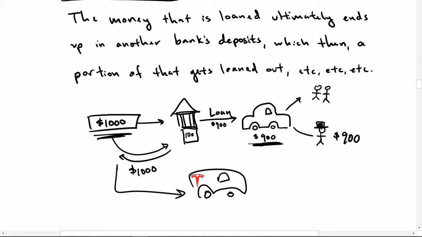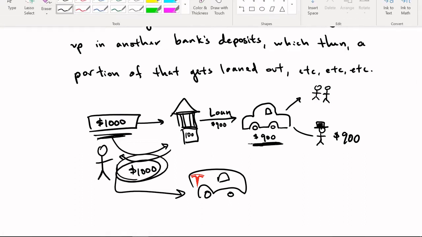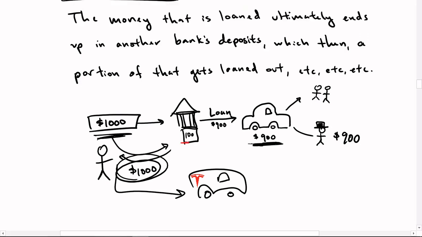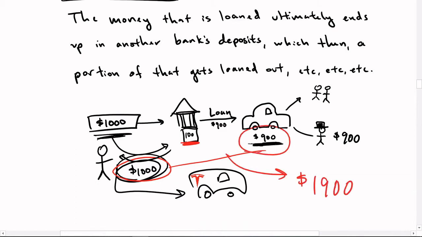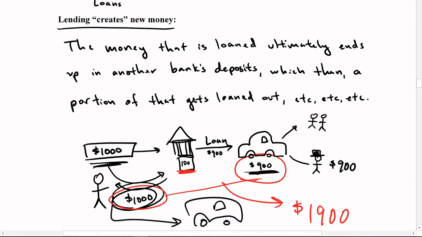He can deposit it into a bank, but he could go spend it on something. But then also this first individual has $1,000. And so through the banking system, this $1,000 turned into $1,900. So the banking system has created new money.